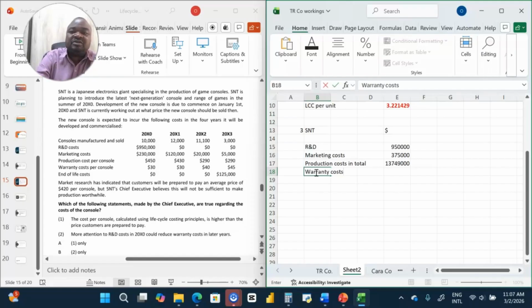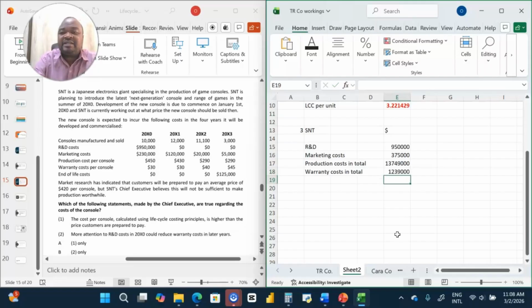Warranty costs in total equals: $30 multiplied by the total number of units produced, that is 10,000, plus 30 again multiplied by 12,000, plus $40 multiplied by 11,100, plus 45 multiplied by 3,000.